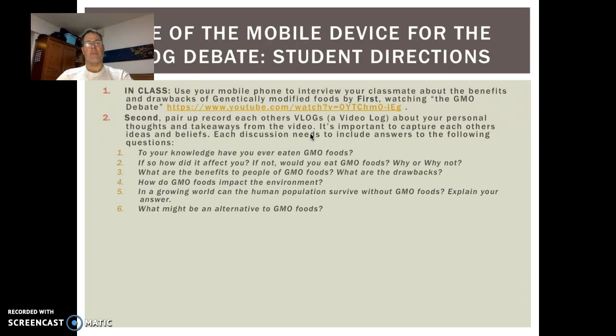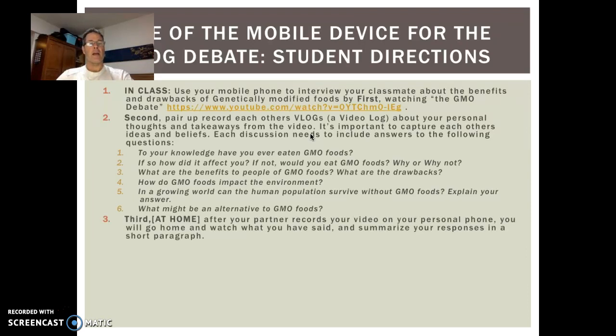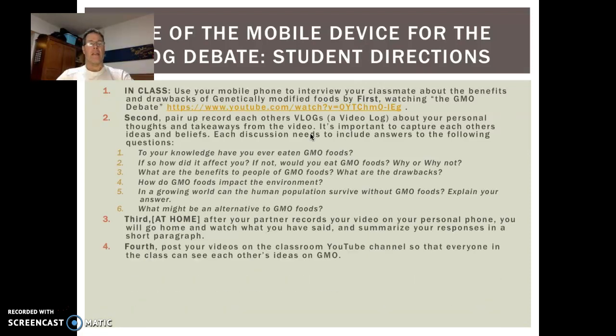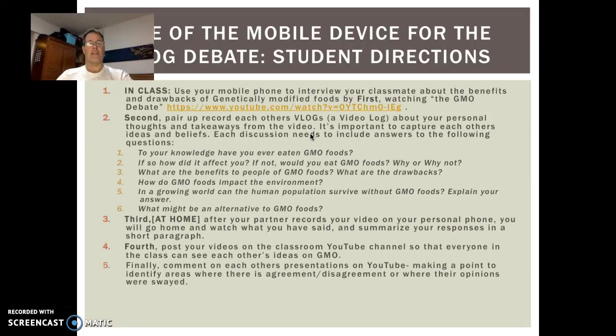Was there anything mentioned in the debate where people could do something other than alter the genetic codes of these plants and animals? So third, this is first, second, and then third major step here, at home after your partner records your video on your personal phone, you go home and watch what you've said, summarize the responses in a short paragraph, and then fourth, you're going to post those comments onto the YouTube channel so that everyone in the class can see each other's ideas on GMO.